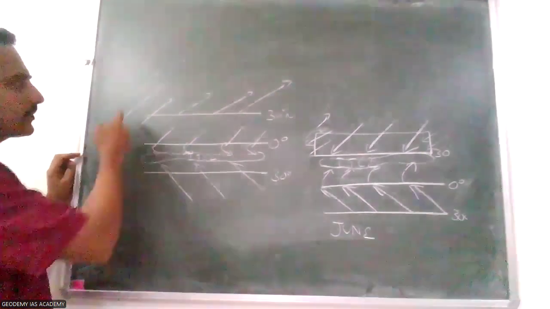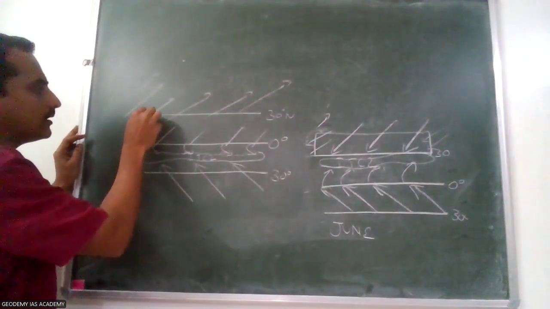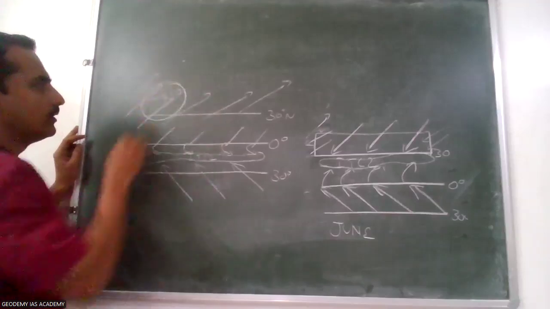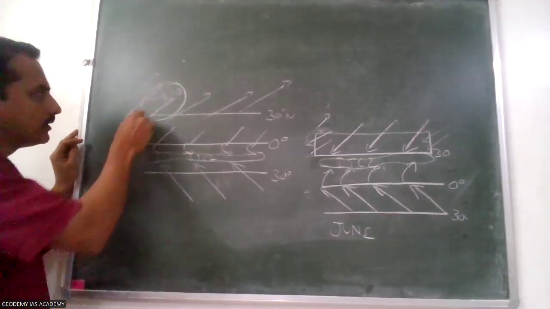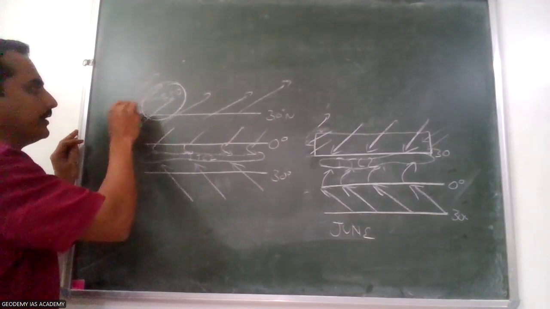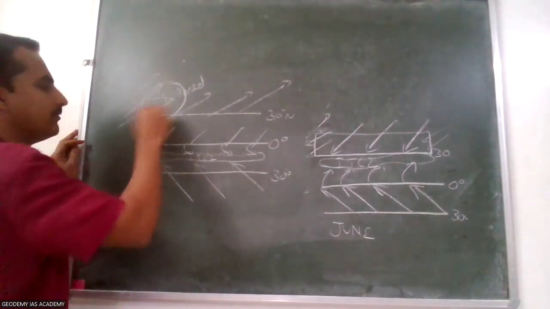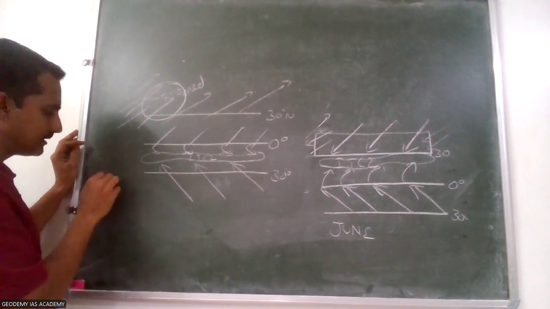Just to see. Here in the 45 degree Mediterranean zone, the Mediterranean zone has onshore wind, right, and gets rainfall in the winter season.